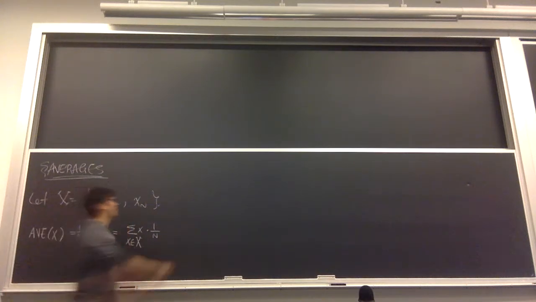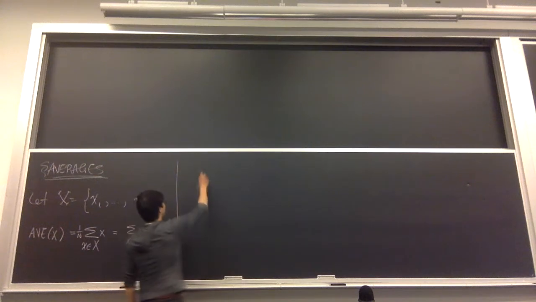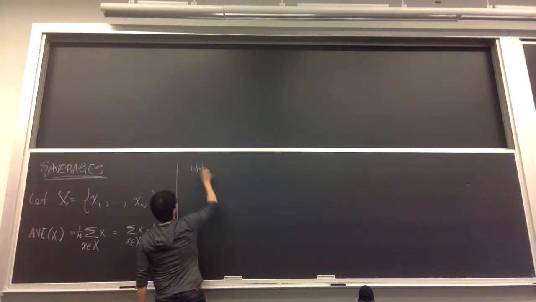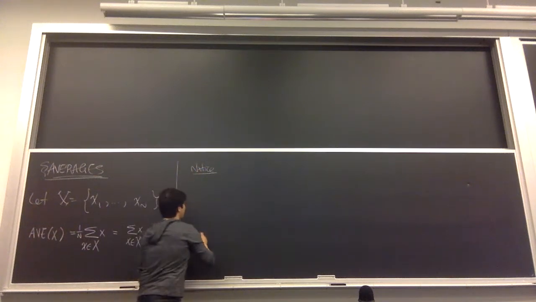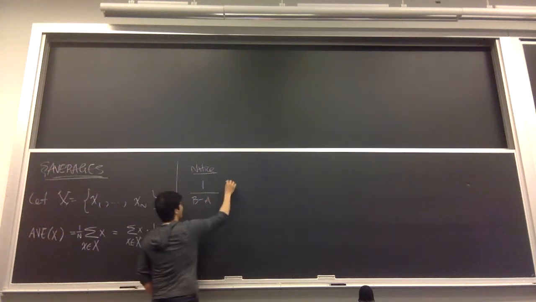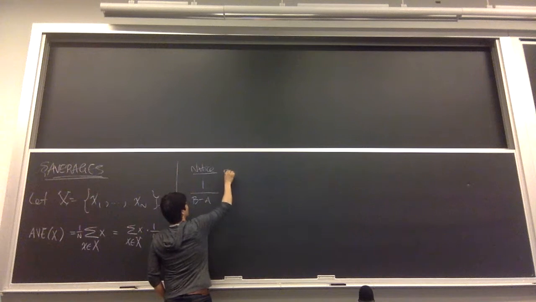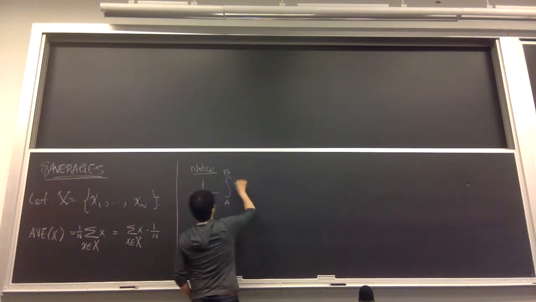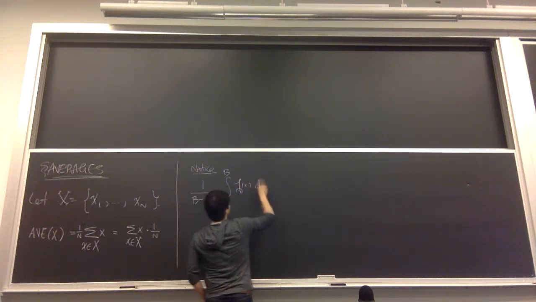Okay, so I'm just going to point you to something. Let's just look at this value: 1 over b minus a of the integral from a to b of f of x dx.